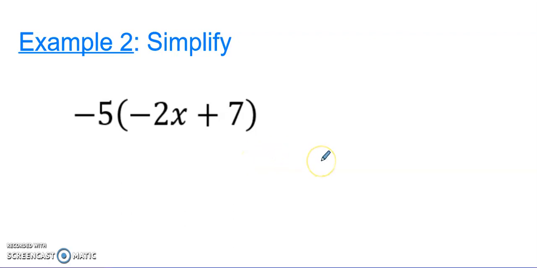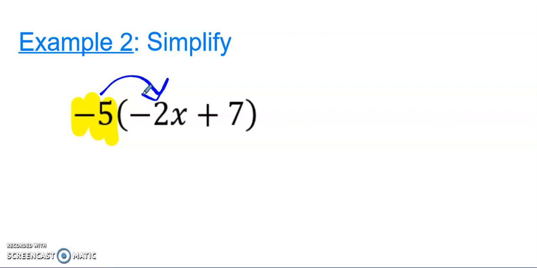Example 2. So once again, we're going to multiply each term by the coefficient. So this time our coefficient is this negative 5, okay? So we're going to multiply each term inside the parentheses by negative 5. So first we have here negative 5 times negative 2x.